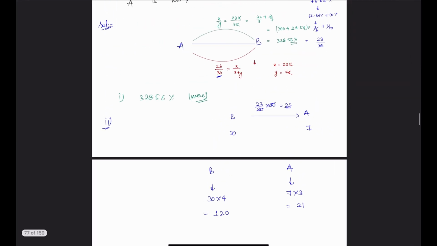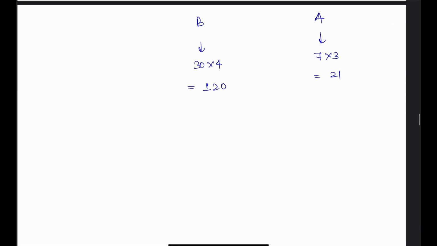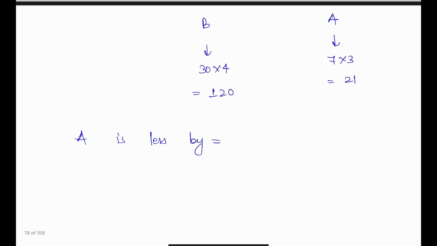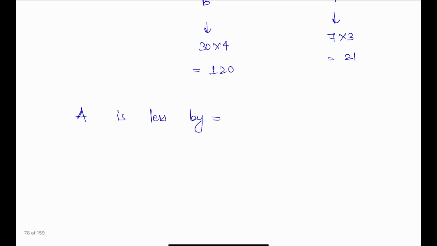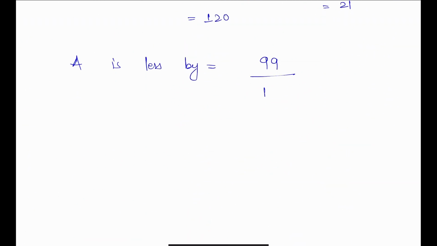So the next question is asking by what percent A is less or more than B. Of course I can say A is less by how much? 120 minus 21, it will be 120 minus 20 is 100, 99. By comparison is with whom? B is 120 into 100.